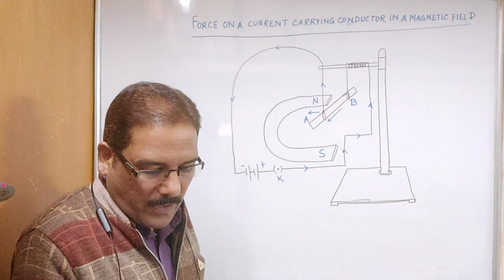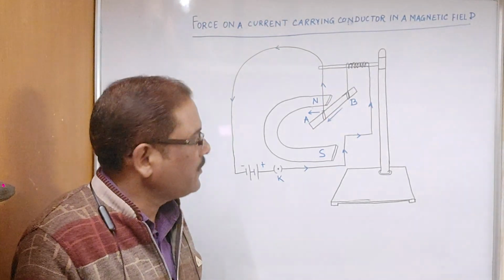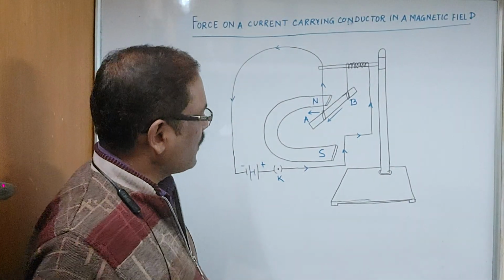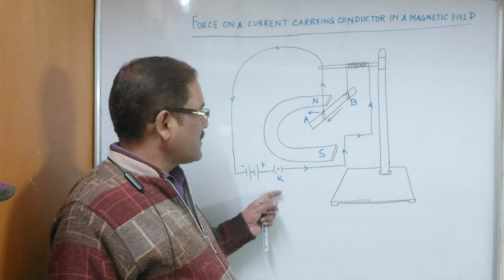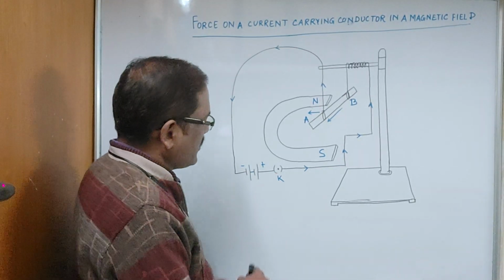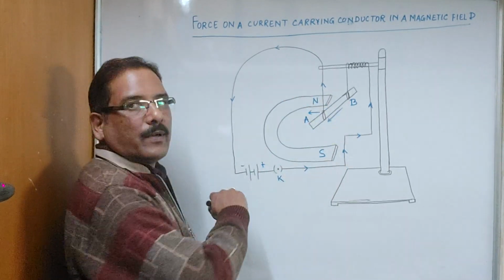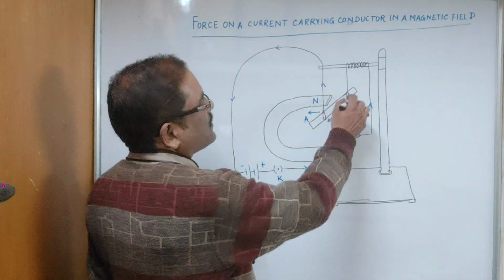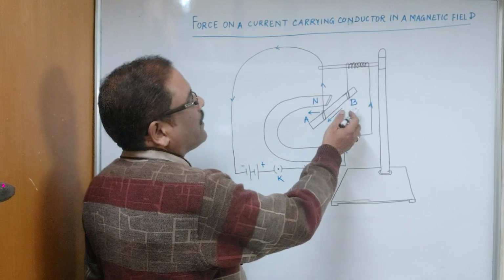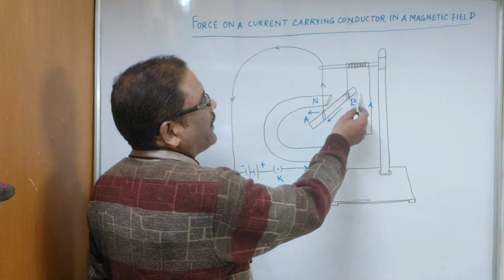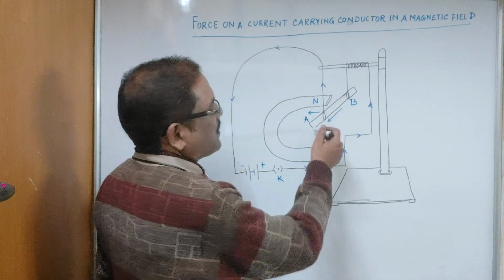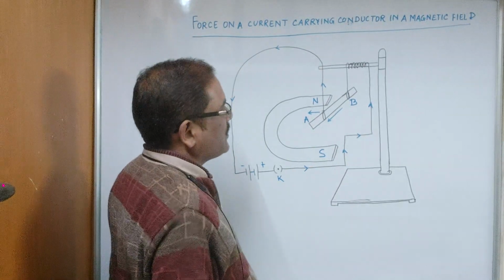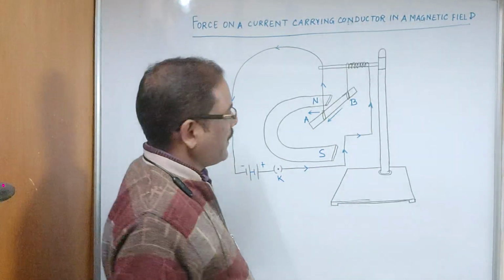Now pass a current through the aluminium rod from the end B to end A. Now as we plug the key, the current starts flowing, and you know the direction of current is from positive to negative. So in this rod, the current will enter through the end B and will move towards the point A. So this is the direction of current.